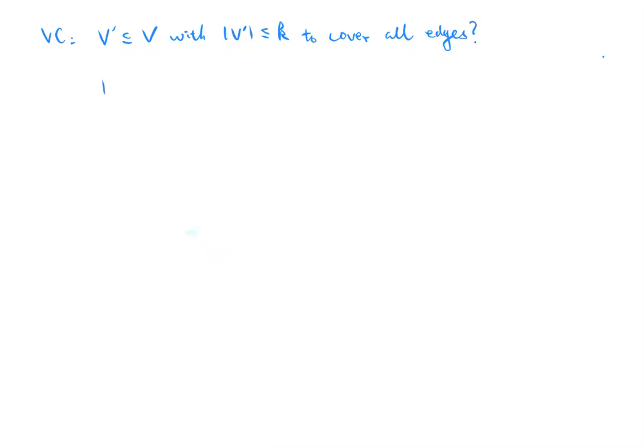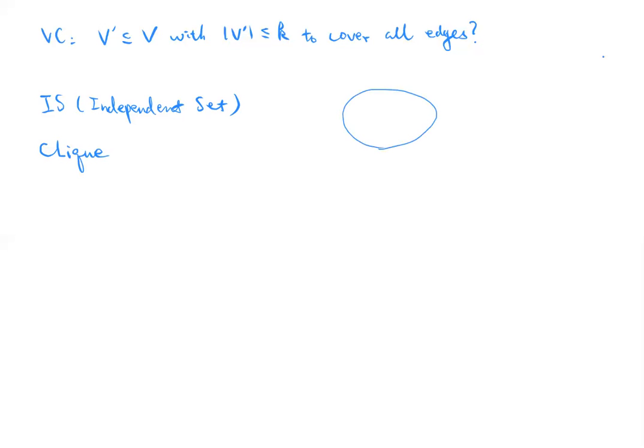If you remember the connection between vertex cover and the independent set, so that stands for independent set, and the clique. These two problems. All right. The relation between vertex cover and the independent set is complementary in terms of the solution.